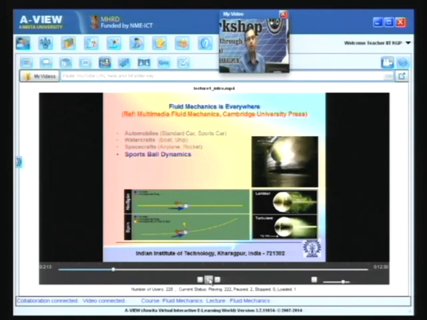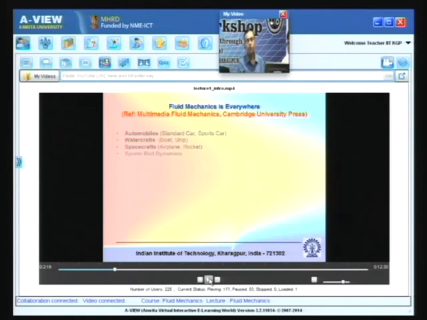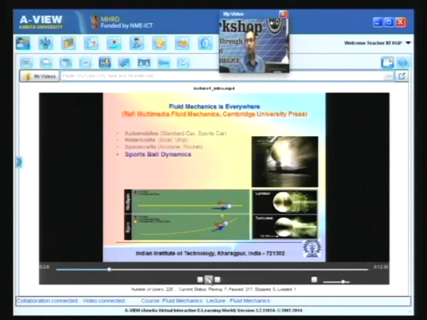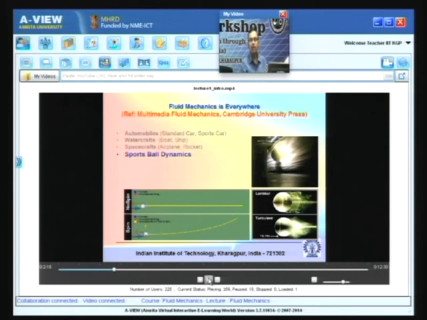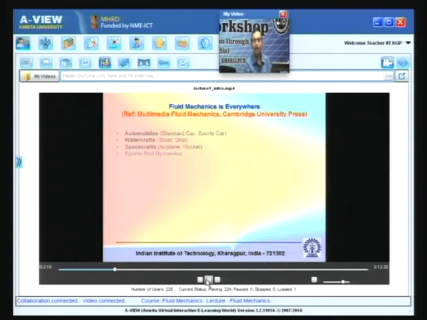They may spin, they may swing, and swinging of cricket balls or tennis balls is a very important and interesting phenomenon. Of course the players who are playing may not know the fluid dynamics behind these, but there is a whole lot of research that goes on in understanding sports ball dynamics.